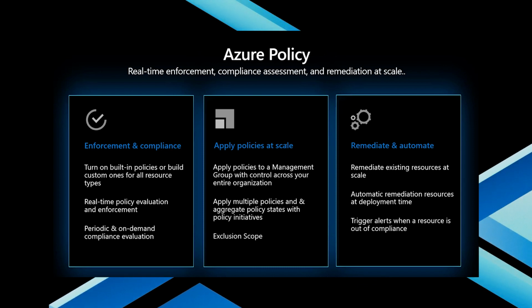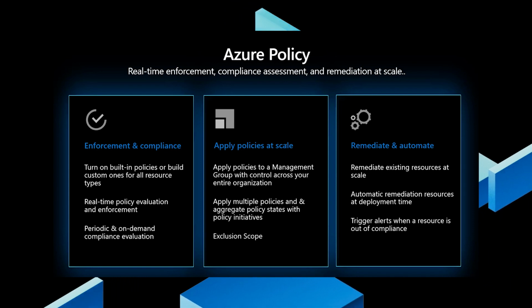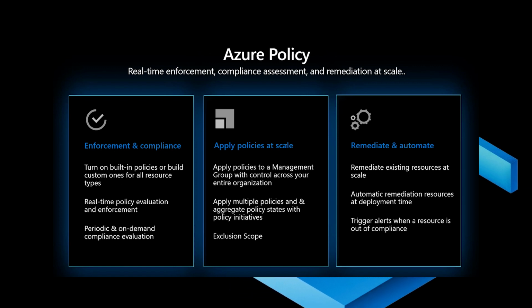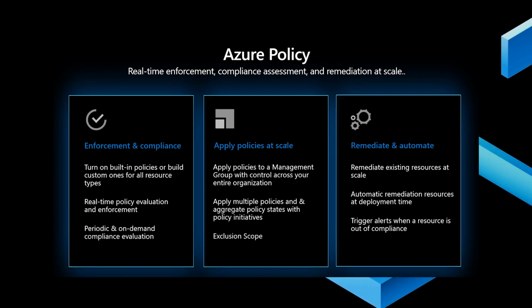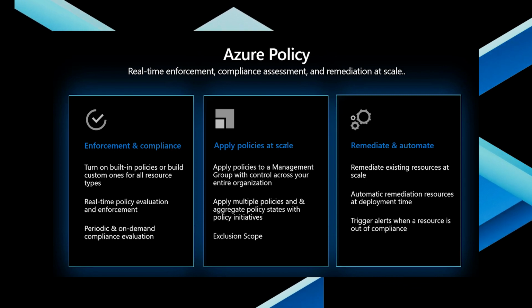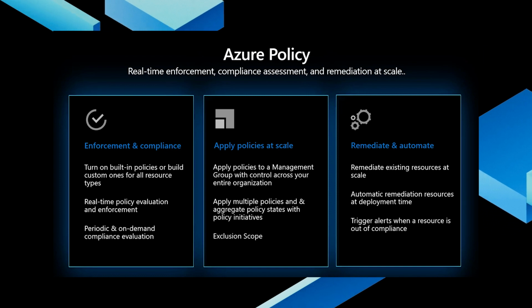Finally, Azure Policy has powerful built-in remediation and automation capabilities. You're able to remediate existing resources at scale using Azure Policy, using built-in remediation tasks. You're able to automatically remediate directly at deploy time, and you're able to trigger alerts when a resource is out of compliance.